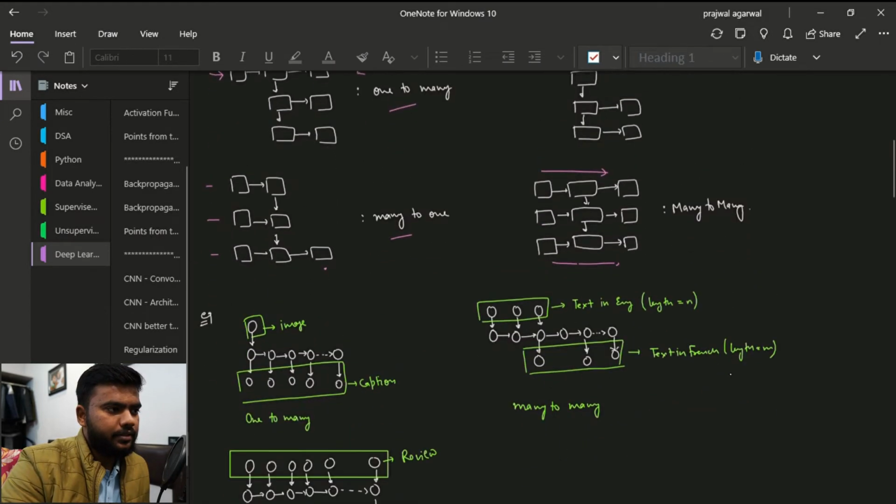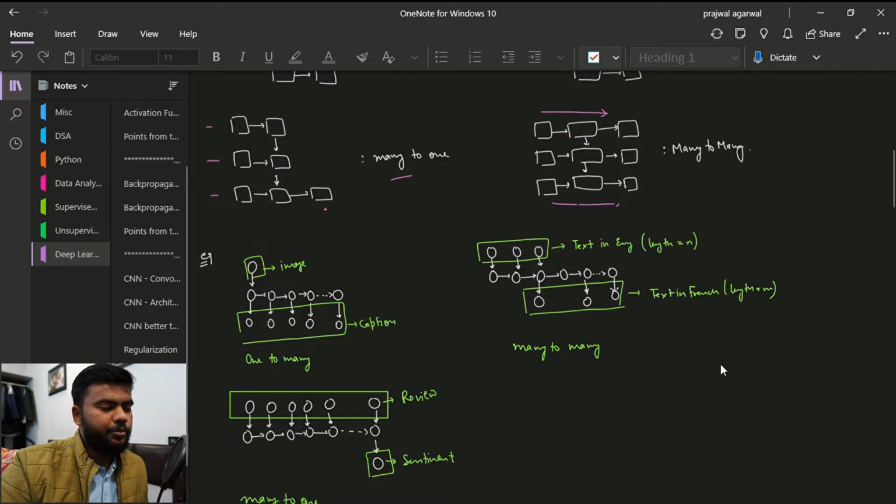First is this one to many. For one to many we can have the example of an image and its caption. For example, an image is passed and the system has to output a description of the image, so it can say a dog catching a ball.